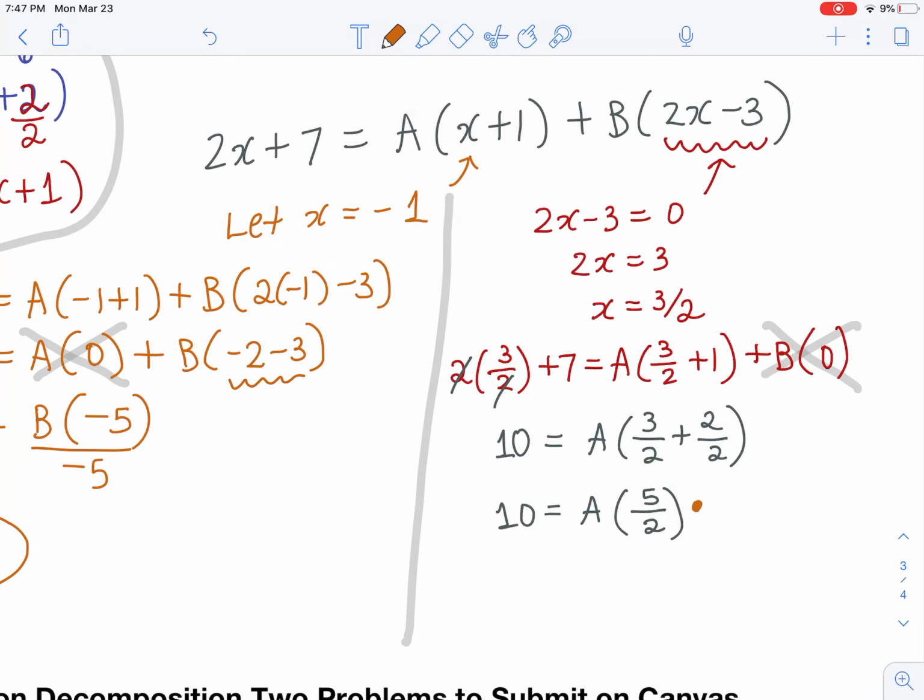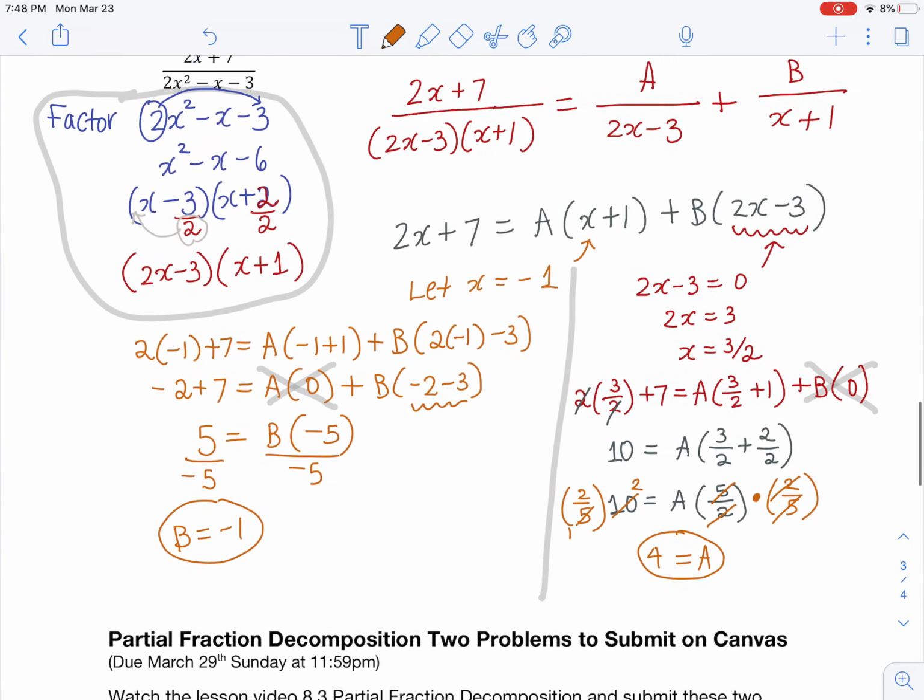Now what do you multiply to both sides? You need to multiply both sides by the reciprocal of 5 over 2. So let's multiply both sides by 2/5. The 5's and 2's are gone. We get a equal to 20 over 5, or I can simplify this to 1, this to 2. 2 times 2, I'll get a equals 4.